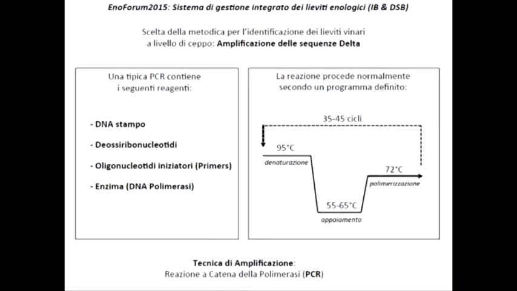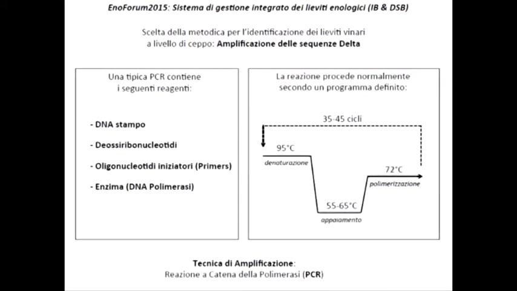The reaction normally follows a cycle whereby you have three subsequent steps. First, denaturation of the double helix of the DNA double strand, then cooling down to the pairing temperature of primers, and then polymerization.